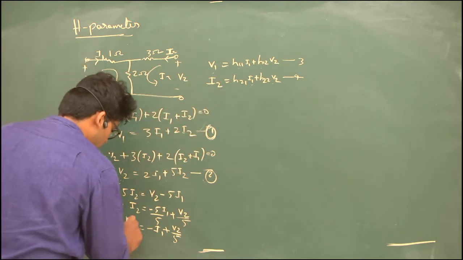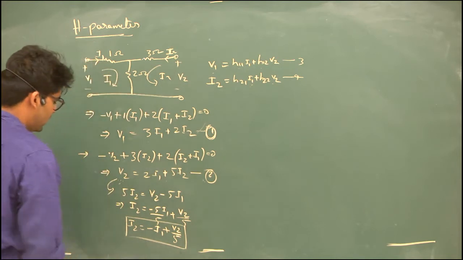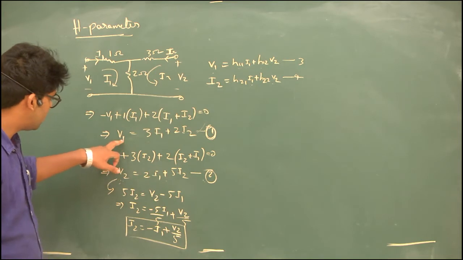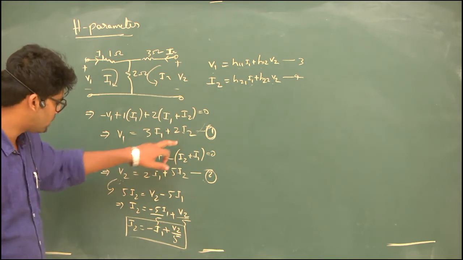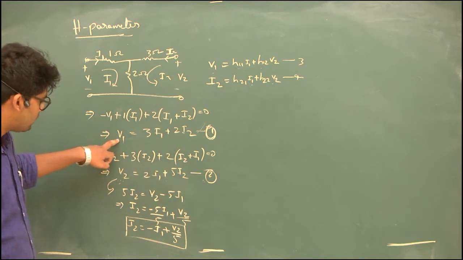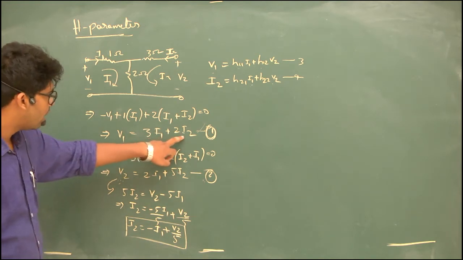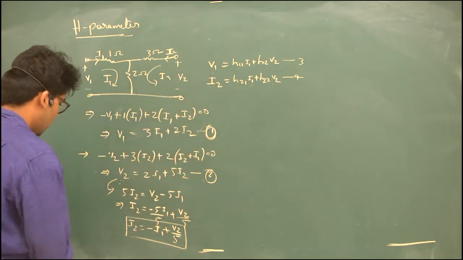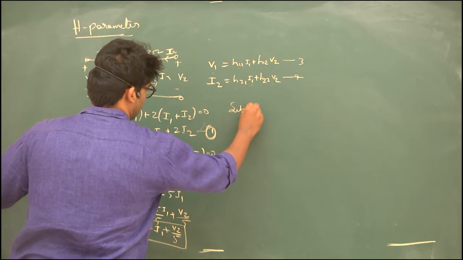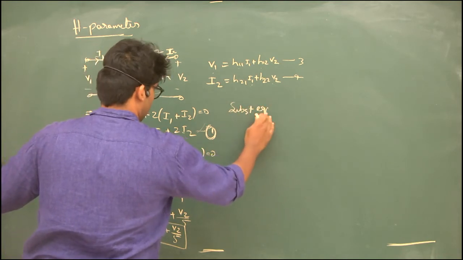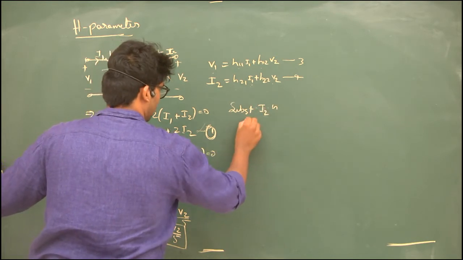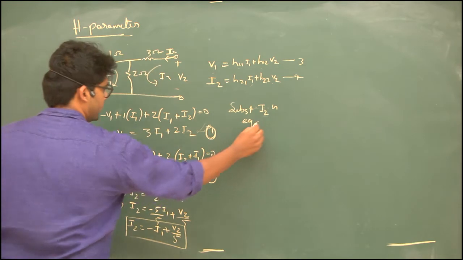Keeping this in a box, now we want V1 in the form of I1 and V2, but equation 1 is in the form of I1 and I2. If you substitute I2 in this equation, it can be changed into the form of V1 in terms of I1 and V2. Therefore, substitute this I2 in equation 1.